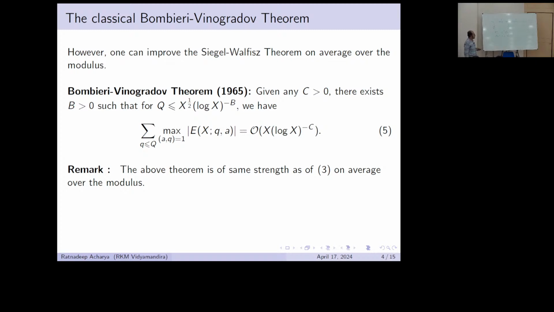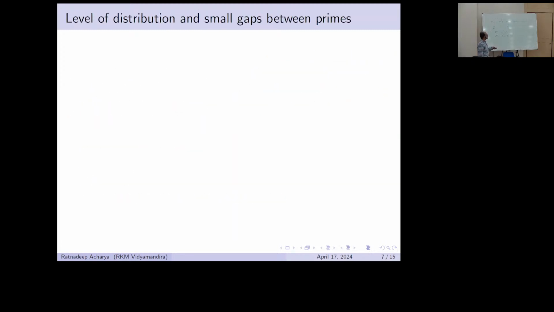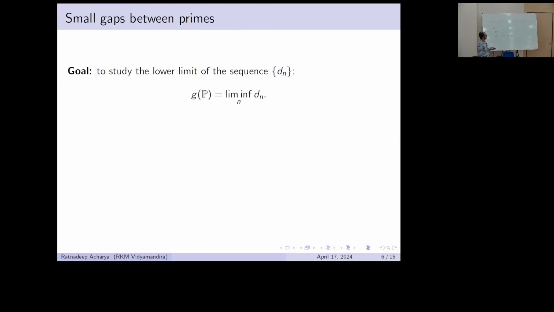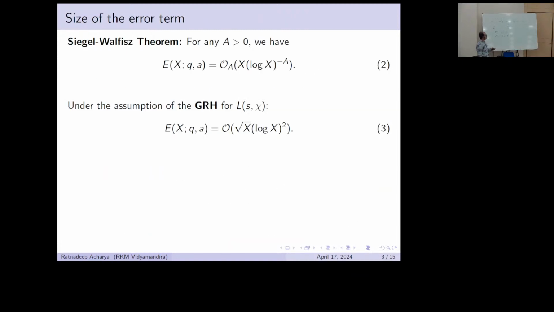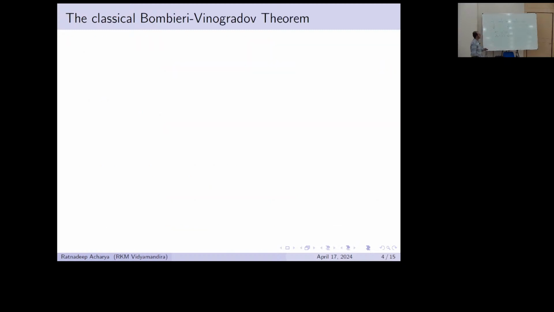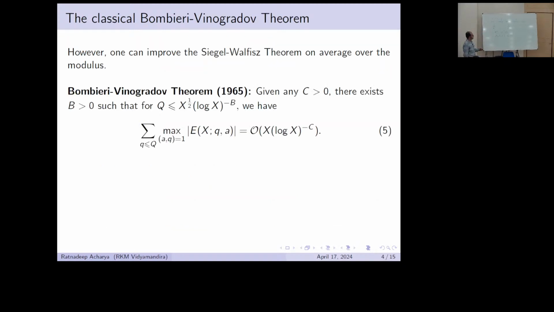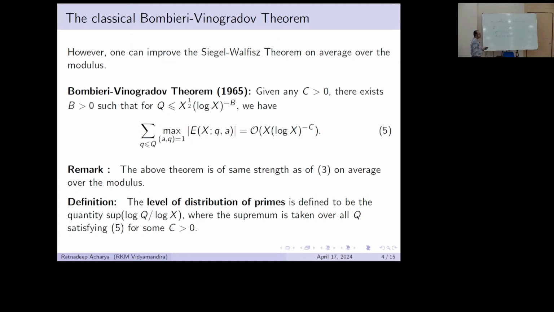Now let me introduce another thing. The level of distribution of primes. So it is defined as follows: first let me fix C. C is fixed, and in our case you can consider C to be 2. That will be sufficient.